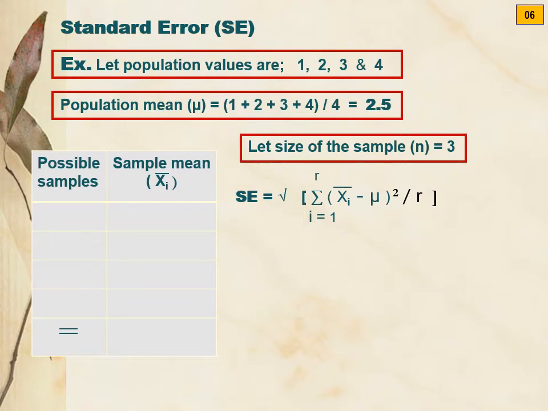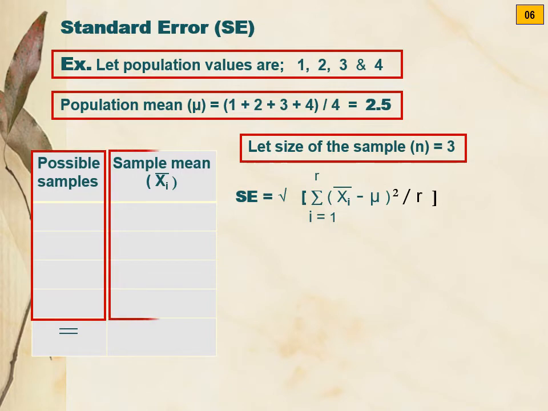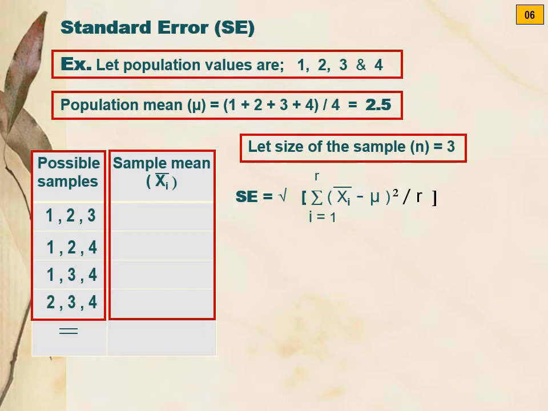So we need to get all possible samples of size 3. The possible samples would be 1, 2, 3, 1, 2, 4, 1, 3, 4, and 2, 3, 4. These are all the possible different samples.